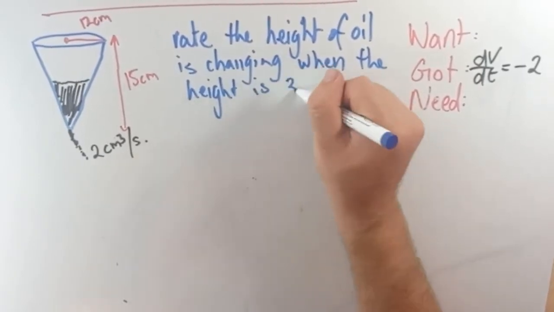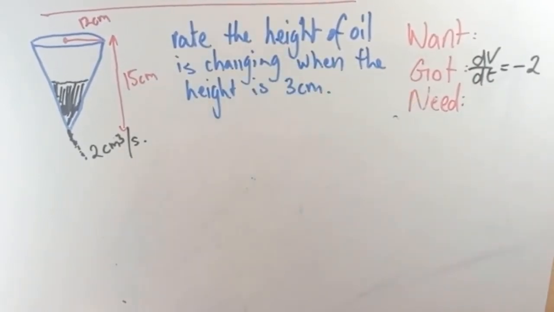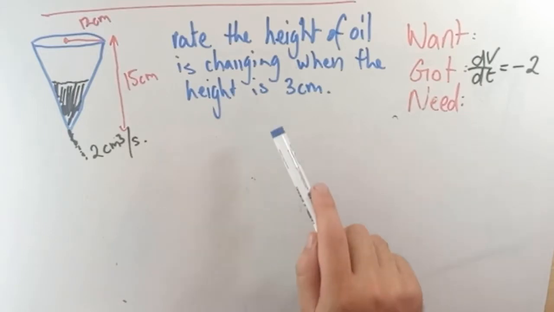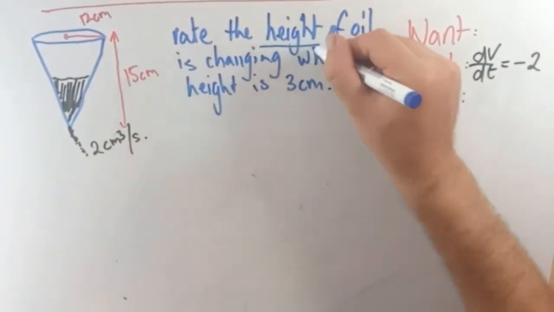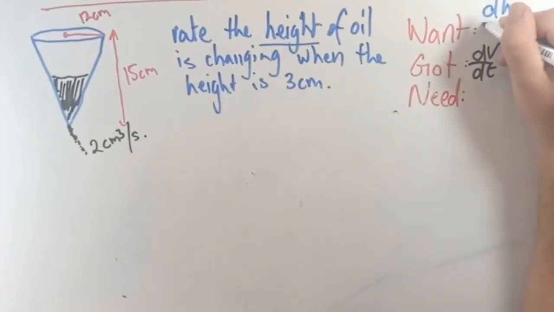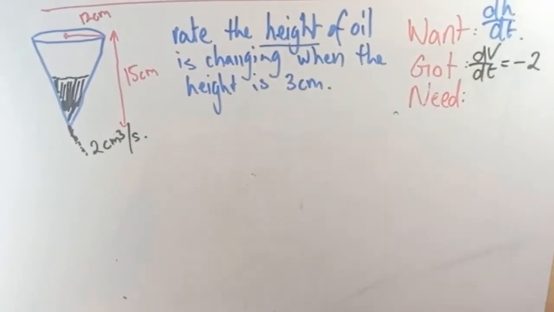It's dreadfully messy, but that's okay. You'll get it. So what do we want? The rate at which the height is falling. Let's call this dh/dt. That's what we want.